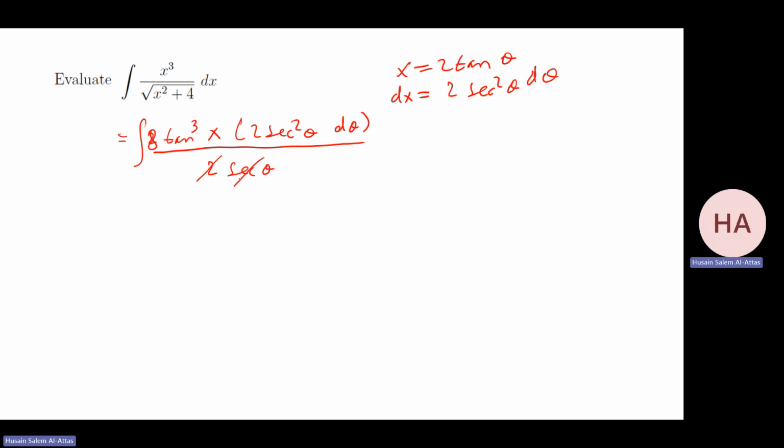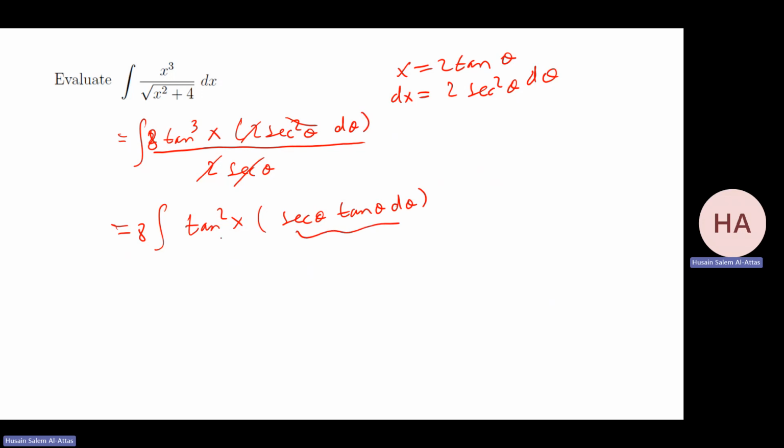So this cancels with this, with the square. Take 8 outside. Tan is odd, so I can use this trick. I have secant, tan squared, and I take secant tan theta d theta.